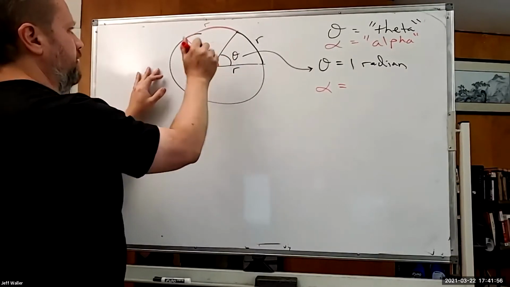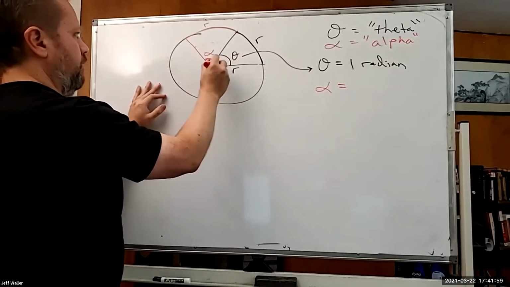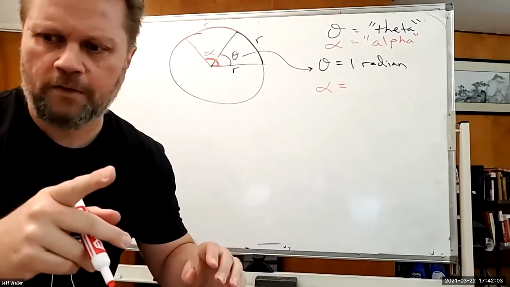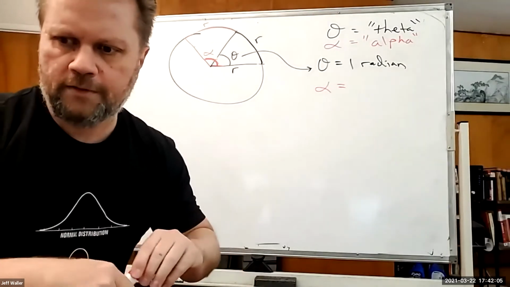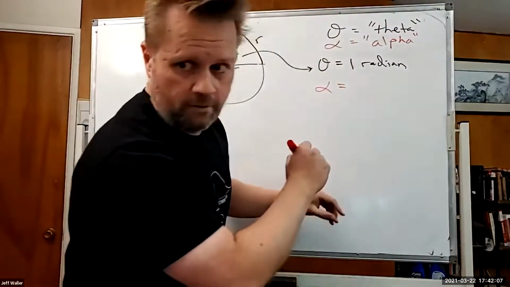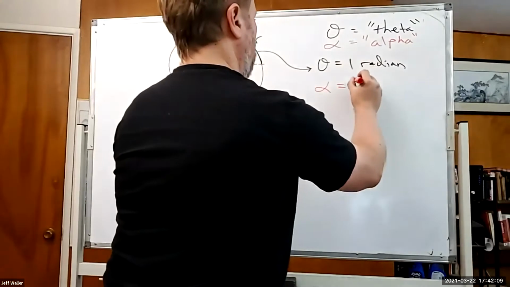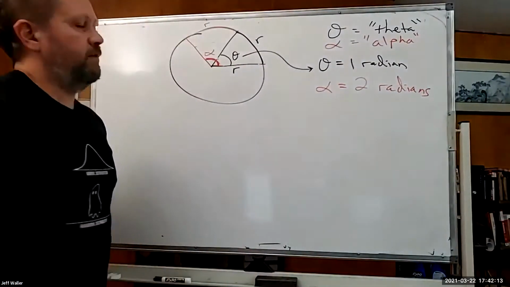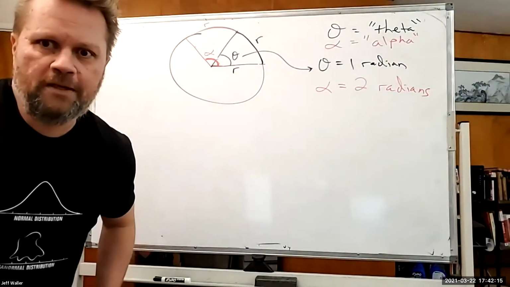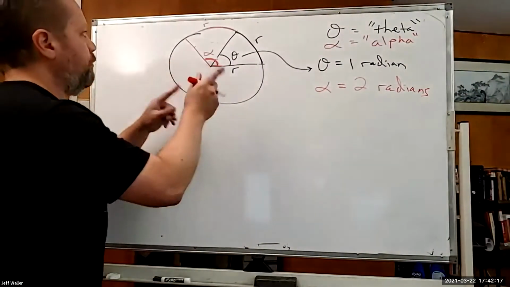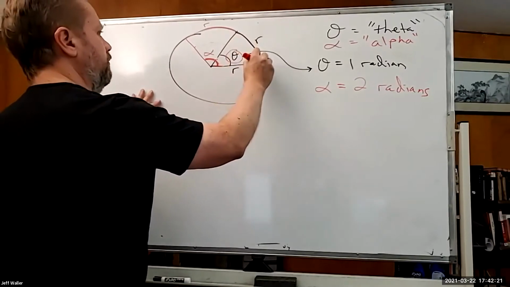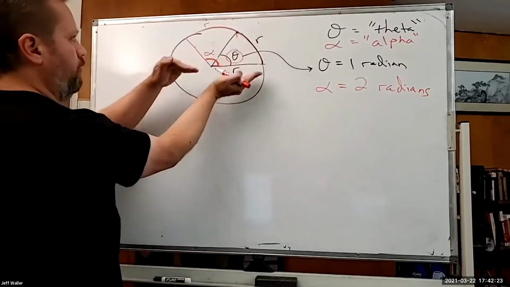I agree with you. But this alpha goes from here to there. So what'd you say? 2 radians. 2 radians. Okay. That's all right. I understand both. 2 radians. All right. Is that cool? Everybody, you guys with me? So it kind of makes, see what this is so much better. The angle is related to the distance that it goes through.